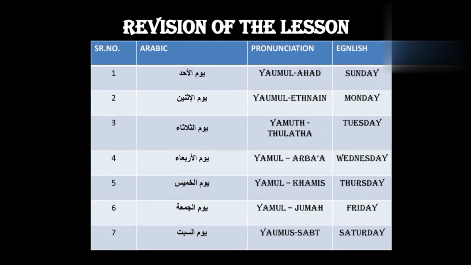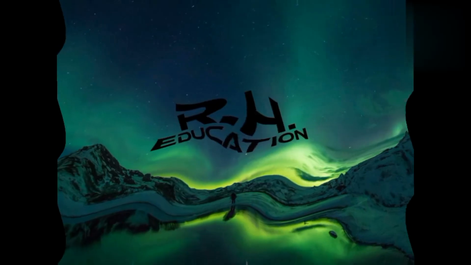Yamul-Arba'a means Wednesday. Yamul-Khamis means Thursday. Yamul-Jum'a means Friday. Yamuth-Sabt means Saturday.